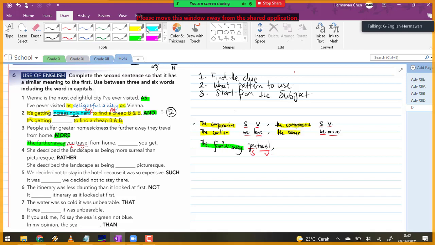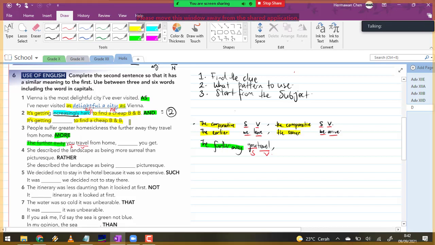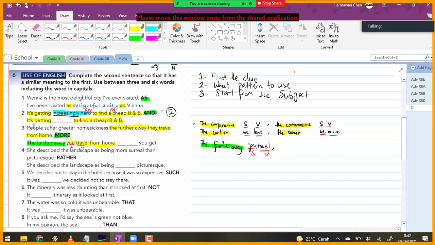Have a look. The further away they travel from home has been taken here, yeah. Okay, and then what is missing? This one is missing. People suffer greater homesickness. It means you have to put it here in the blank.